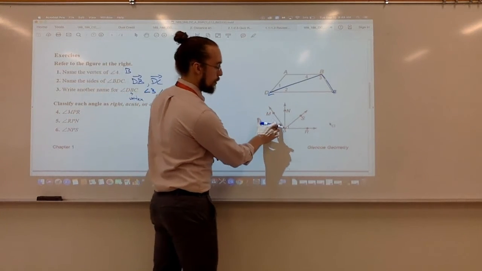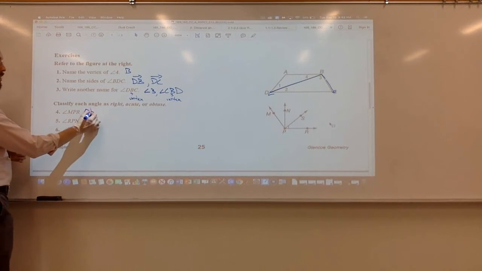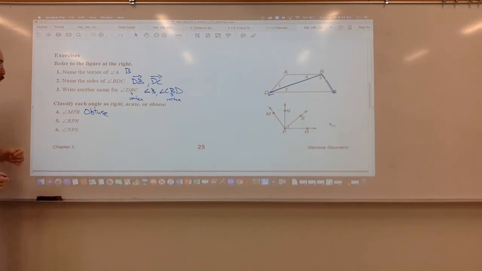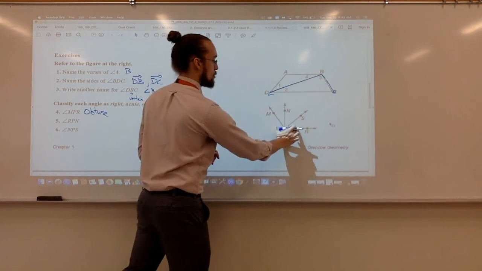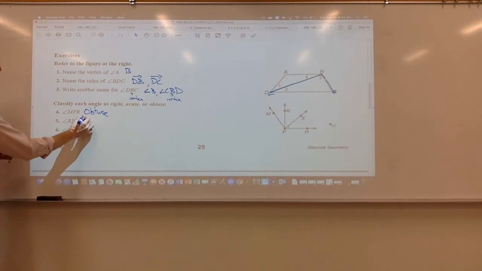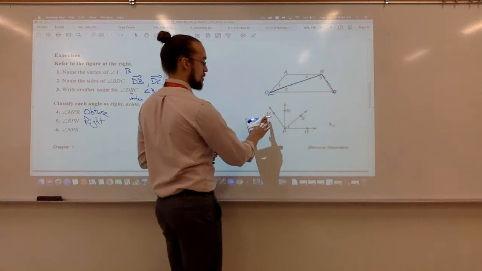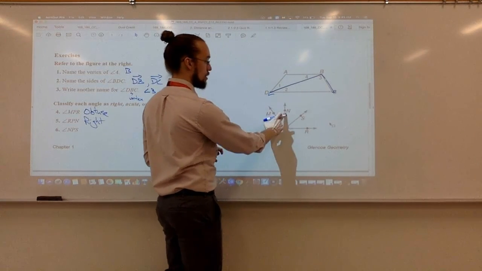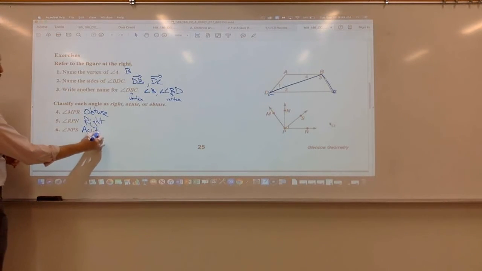It looks obtuse, right? MPR would be this angle here. That looks like it's greater than 90. How about RPN? RPN looks like a 90-degree angle, so right. And then angle NPS looks less than 90, so acute.